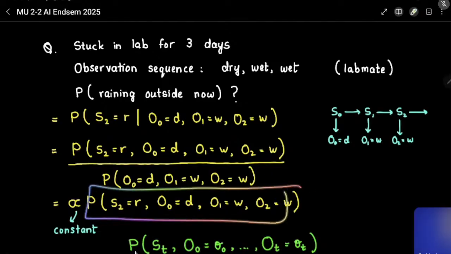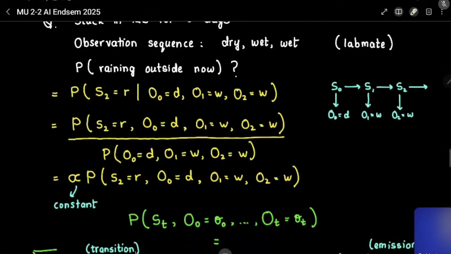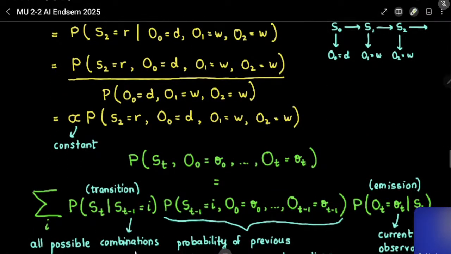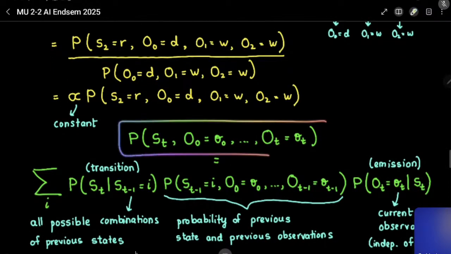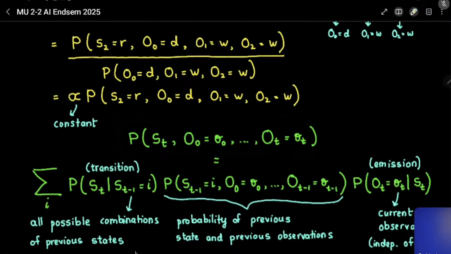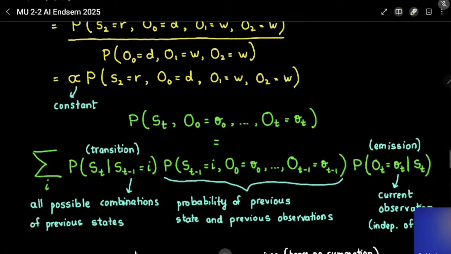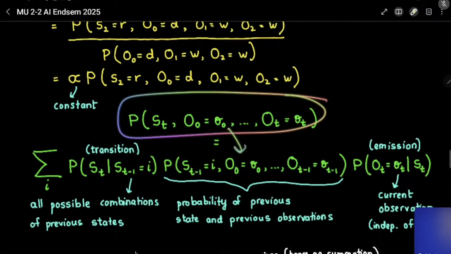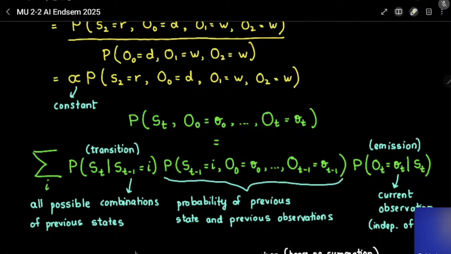There is a nice formula that tells us the relationship between the probability of a certain state and some sequence of observations. It relates this with the probability of a previous state and the previous set of observations.